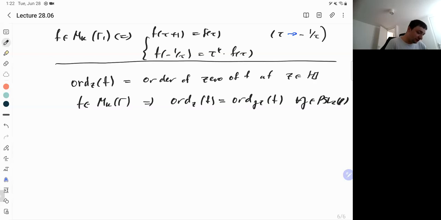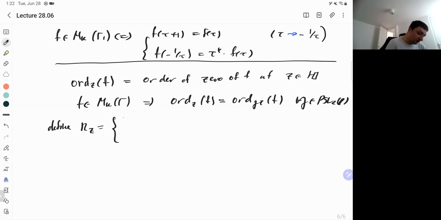And also, there is something you have to do with these strange points i and rho. The easiest way is to define a multiplier, or also like a weight.